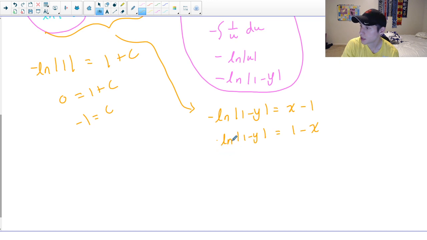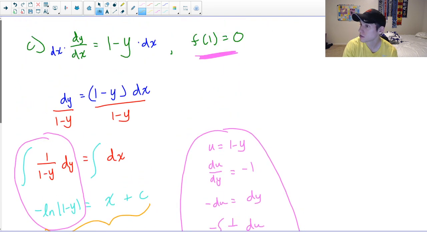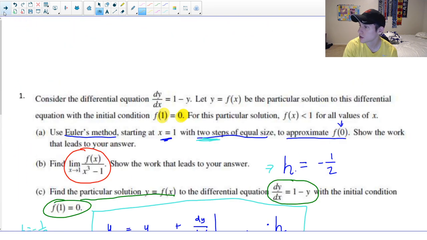Okay, how do we get rid of natural log? Then we use e, right? We take everything to an exponential. So that would get rid of, well, wait, hold on. Let me go back to my initial conditions and check something real quick.